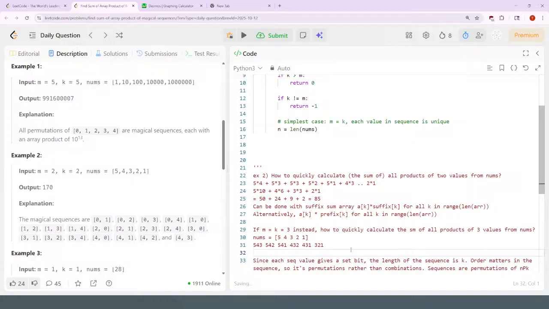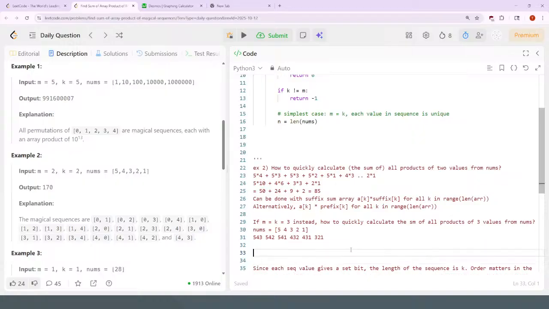How to express this: the sum starting at a certain index and with a certain number of k digits.